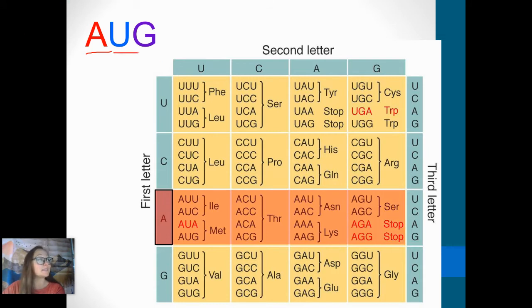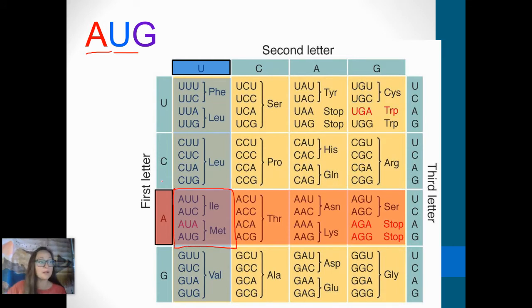Then our second letter, our second base, is a U, uracil. So that means our amino acid is going to be somewhere where this row and column overlap. Then my third letter is a G. So now where I have A-U-G, there is my amino acid methionine.